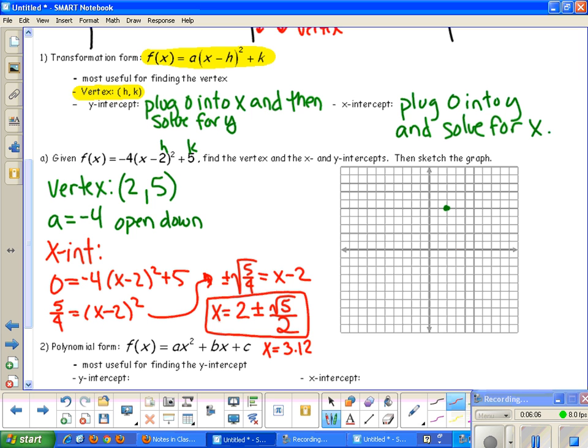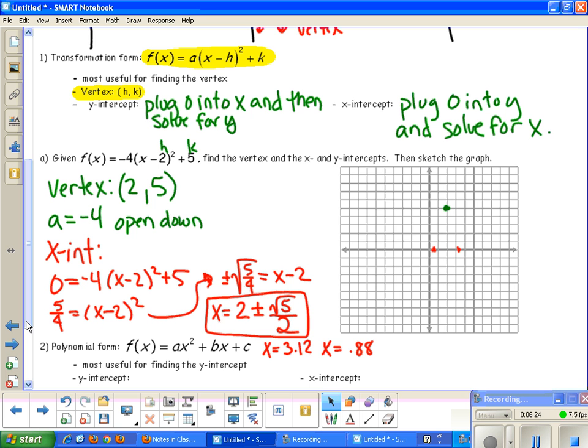So 3.12 would be somewhere in there. And then if I do 2 minus root 5 divided by 2, I end up with x equals 0.881. So I'm going to leave it at 0.88, which would be here.